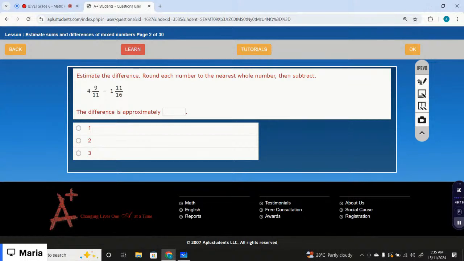The next one is 4 whole 9 over 11 minus 1 whole 11 over 16. So which is the correct option?